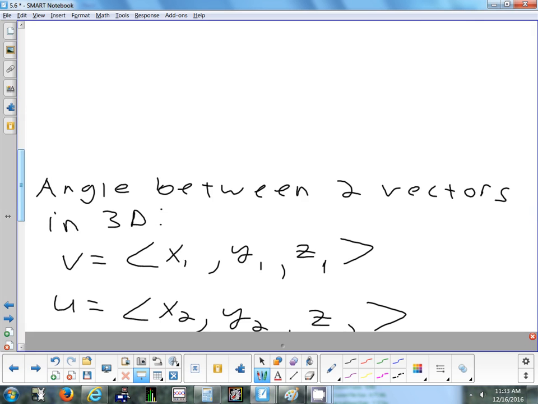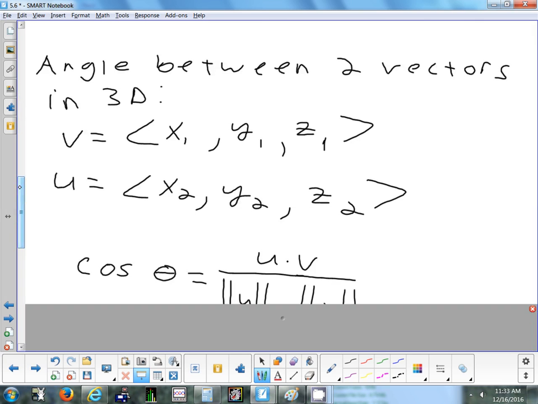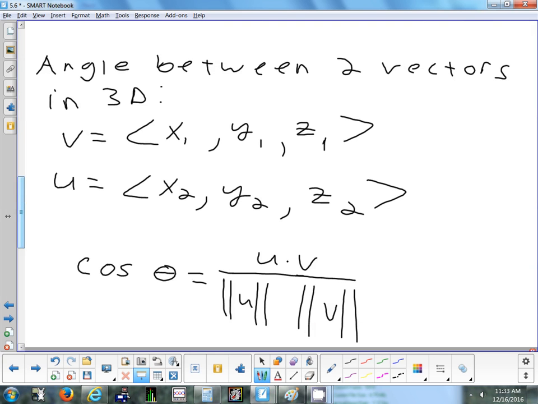In fact, the formula is exactly the same. The only difference is all the quantities are 3D. Yesterday you did a 2D dot product over a two-dimensional magnitude times another two-dimensional magnitude. Now you're doing a 3D dot product over a 3D magnitude times a 3D magnitude. But we've gone through how to do each one of those separately. That's what we just did.